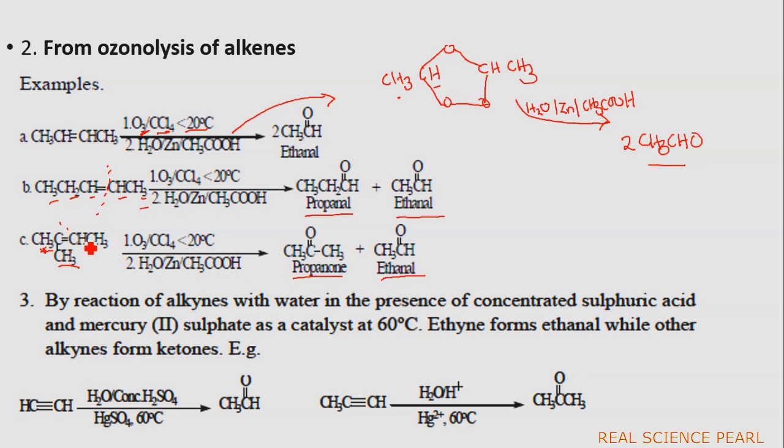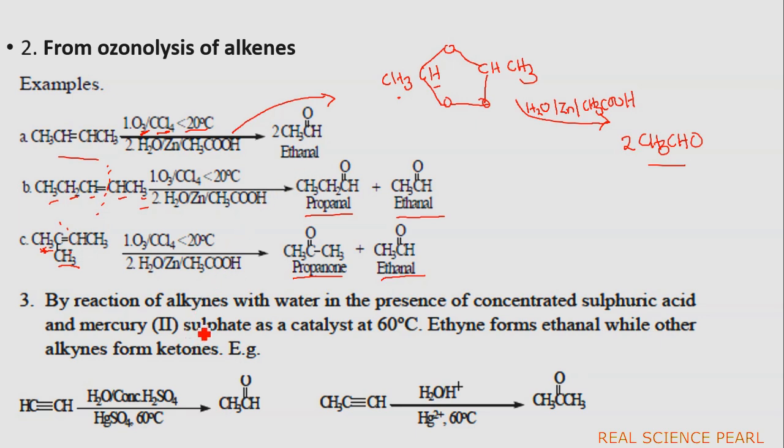Now in case the alkene is branched, we shall get a chance of getting a ketone, but in case it is not branched, we shall get aldehydes. In case it is branched, then we shall get an aldehyde and a ketone. In case it is symmetrical, the way you are seeing the first one here, then we shall be able to get 2 molecules of aldehydes.